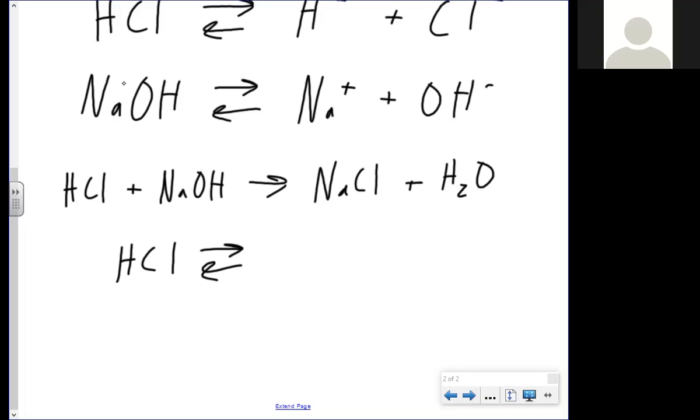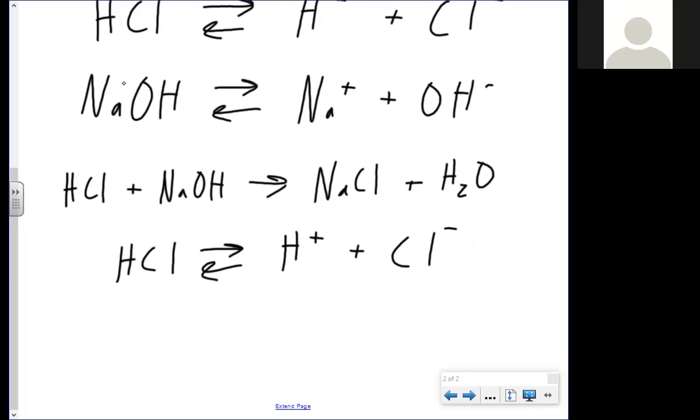So we got HCl. We're going to dissociate into hydrogen and chlorine. Now, this is what you call an equilibrium. When you have this reversible reaction, it can hit equilibrium. You put hydrochloric acid in water, part of it dissociates into H's and Cl's, and part of it stays as hydrochloric acid. Okay?